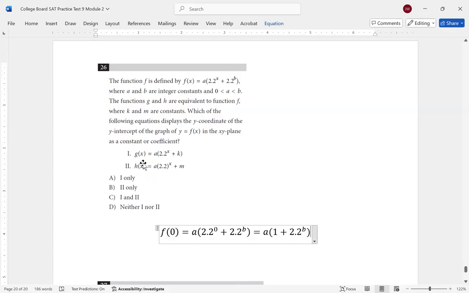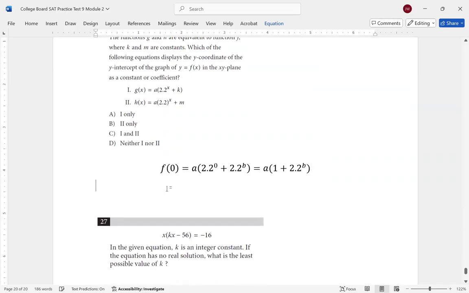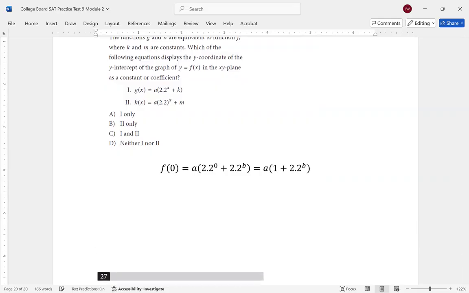So then I look at my two functions, g and h, and I ask, are there ways that g or h displays this value as a constant or as a coefficient?